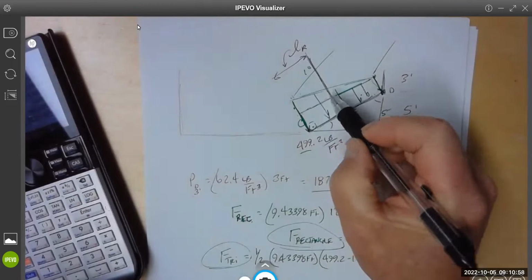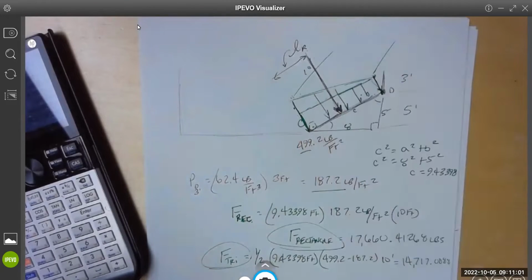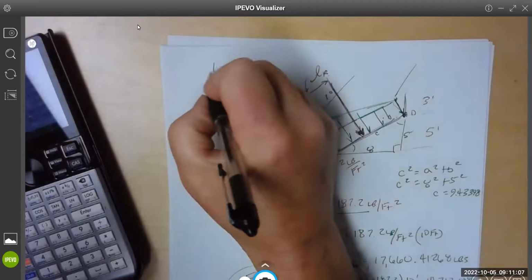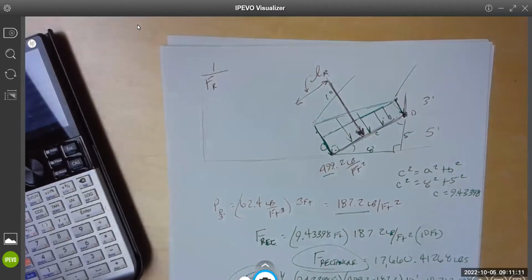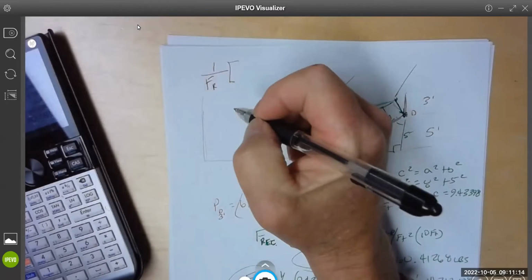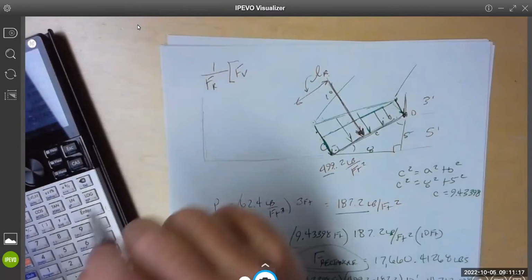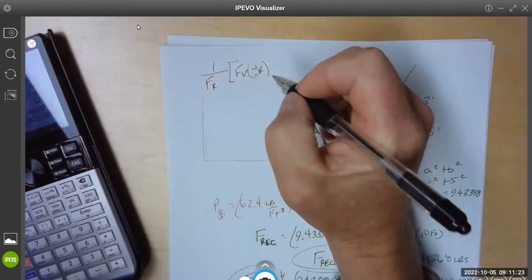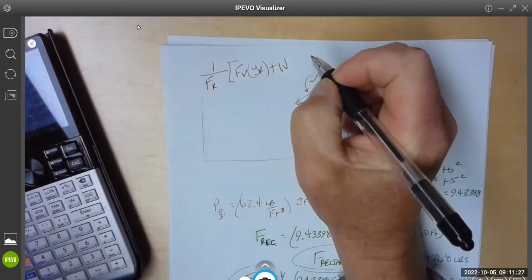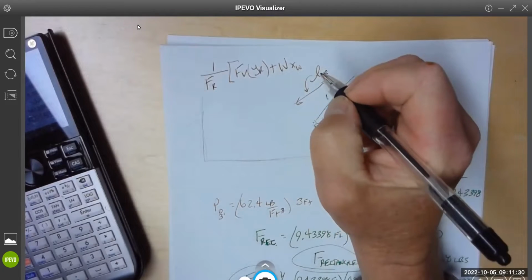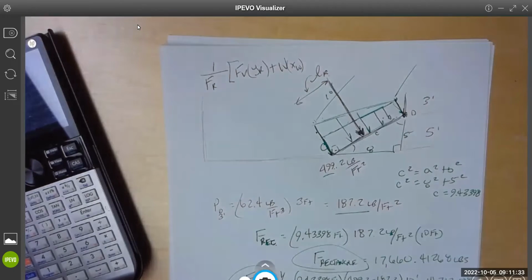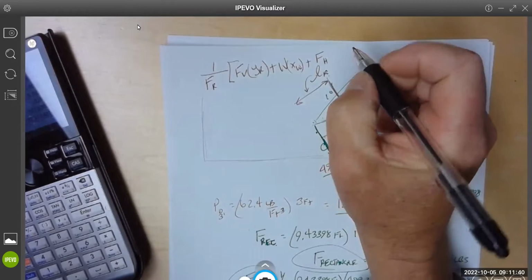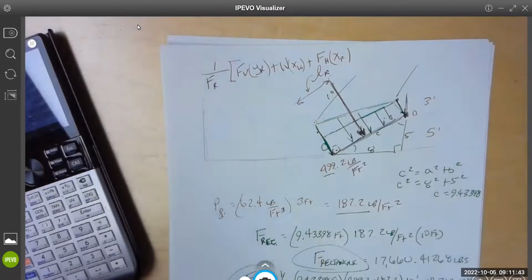So coming from here to the location of this resultant, this length location of the resultant, the equation they use is 1 over F sub R, bracket F sub V, whatever we think that is, and then Y sub R plus W X W plus F sub H and X sub R. That's the equation they give.